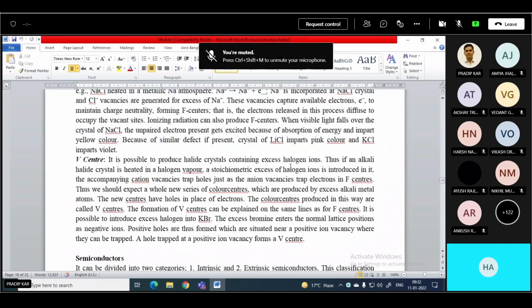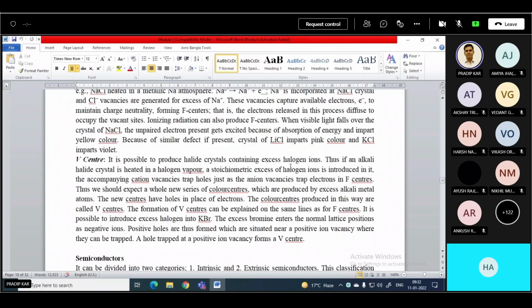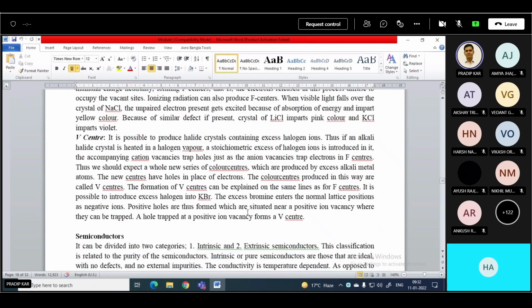Thus, we should expect a whole new series of color centers, as we produced with excess metal. So it is possible to introduce excess halogen in KBr. The excess bromine centers normal lattice positions as negative ions and positive holes.